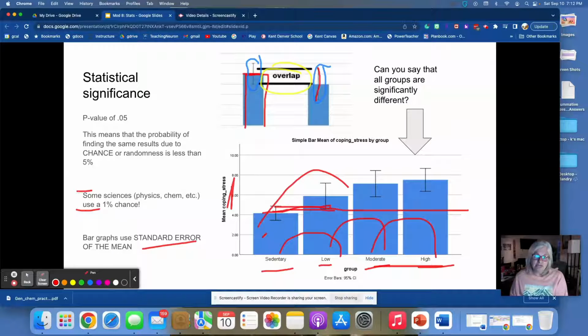Basically, I'm saying the average ability to cope with stress for the moderate group falls somewhere within this bar. And if it's overlapping with this low group, it's possible that the averages are the same. So I can't say that I did find a difference. I hope that makes sense, and we can talk about it more in class.